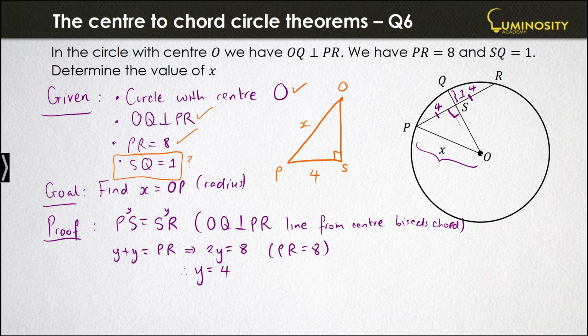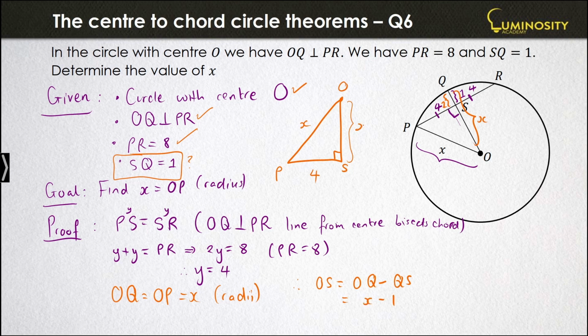But now I notice that OS, this length of the line here, is attached to this longer length OQ. But OQ is equal to OP, which is equal to x, because these are radii lines. So if the full length of this is x, and the smaller length is 1, then the length of OS must be the full length OQ minus that length QS, which is equal to x minus 1.